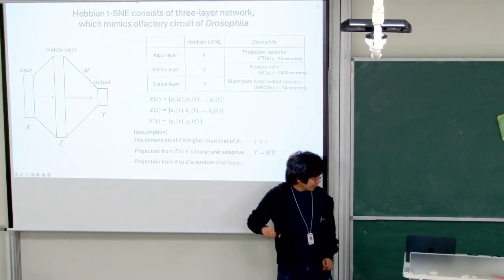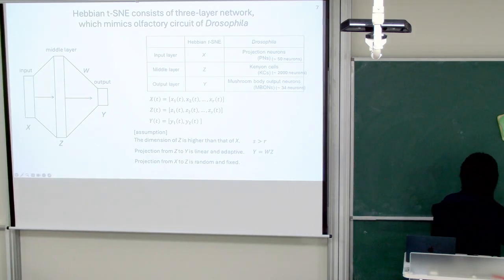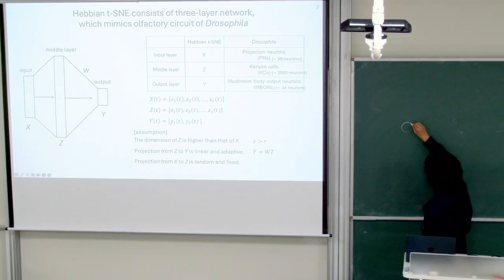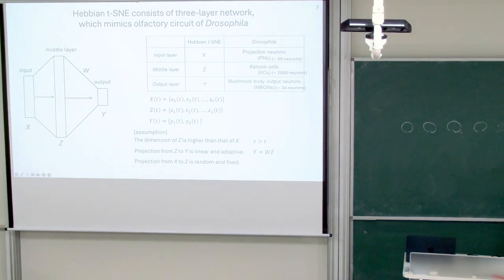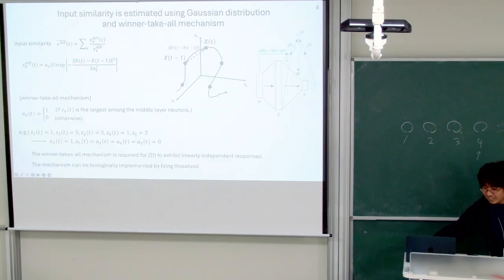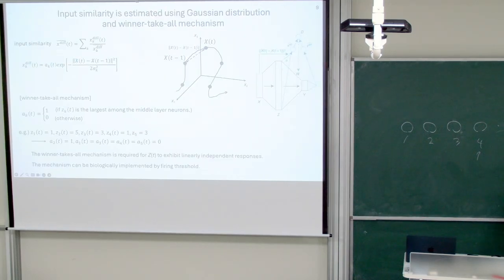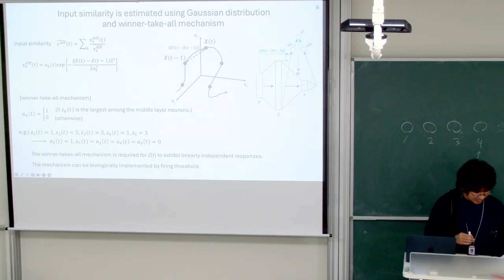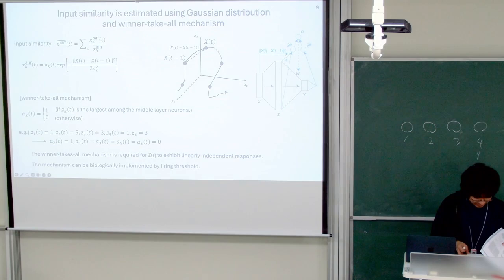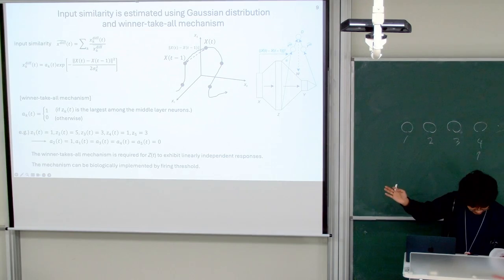The middle layer neurons are 1, 2, 3, and the size of the middle layer is S, and k is the index from 1 to S. Now, how can you determine sigma_k? Sigma_k, I didn't explain, but it is determined to minimize perplexity.